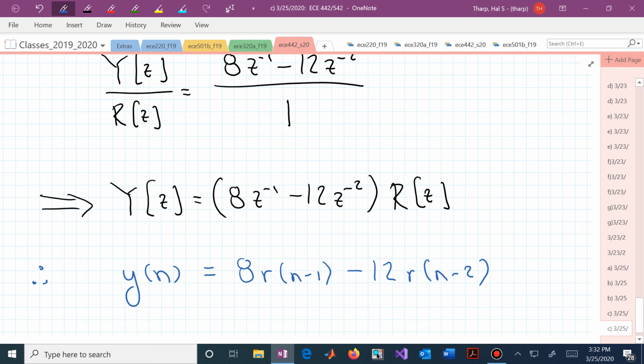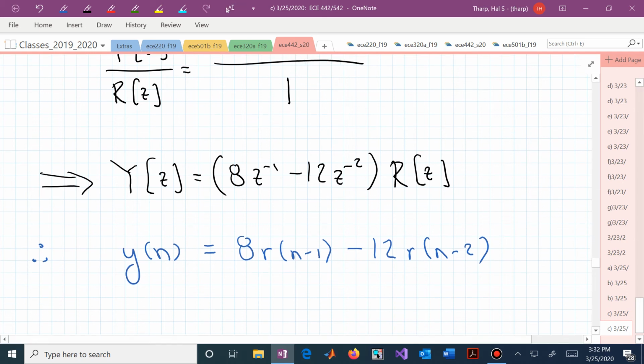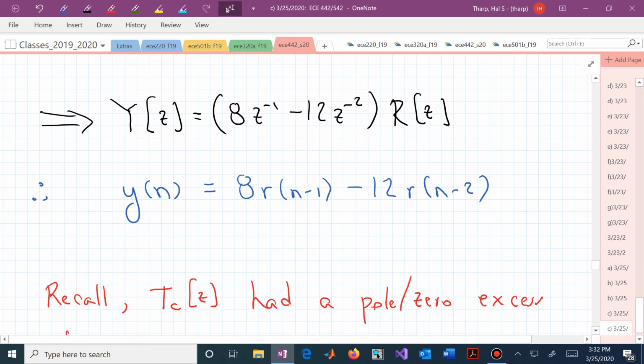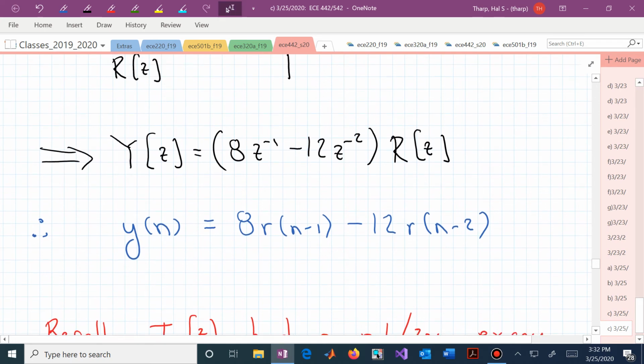The inverse z transform of capital R of z would just be r of n, but we have some delay operators in there. And now what do we see? We see that there's a 1 time step delay between the input, r, and when we see it in the output.